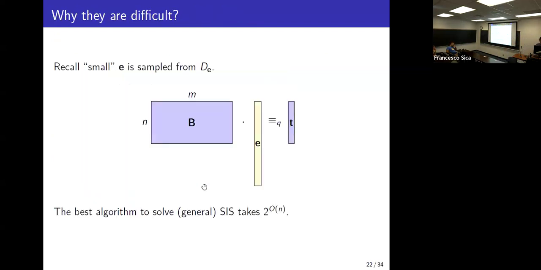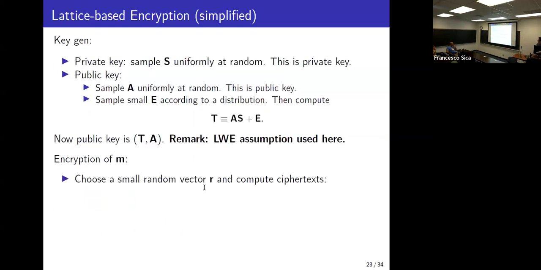Remember, this was the picture, right? B times E, where B is a wide matrix, and this B is essentially our A transpose here. And the second part of the ciphertext is C, which equals T transpose times R plus M. Depending on the parameters, you can think about this T transpose as a wide matrix.